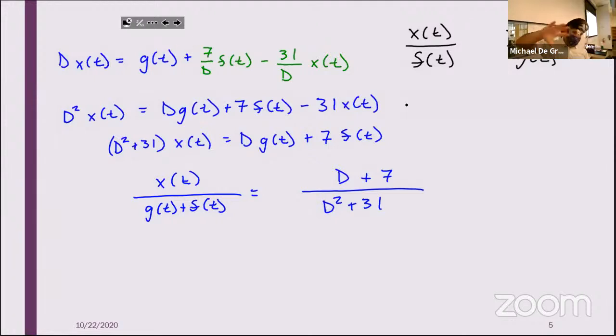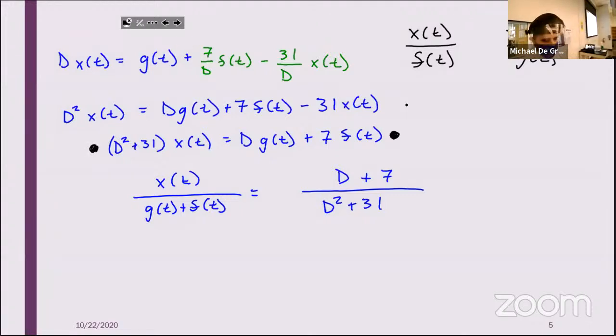But if I wanted the transfer function just due to the effects of f of t, I want to know, how does my output change just because of that input? And how do I do it? The standard practice is to set the other inputs to 0. So you set g of t to 0 in this equation here that I'm putting the bullets next to.